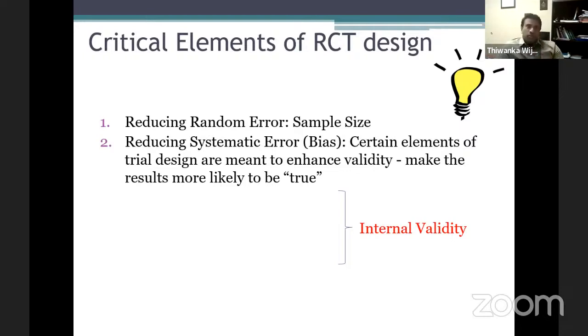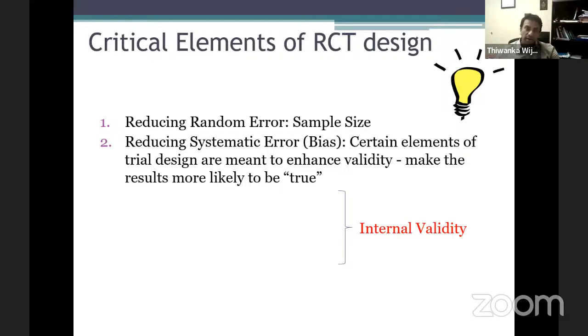Okay, so getting back to RCTs, what I want to say is, since we have randomized patients, this whole concept of bias is somewhat taken care of. Still, within a RCT, there are a couple of things we need to look at, whether it was done properly to make sure the groups are quite comparable.